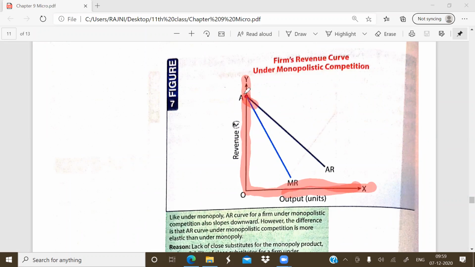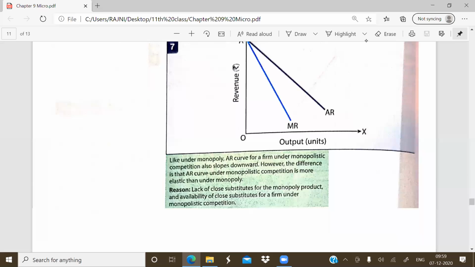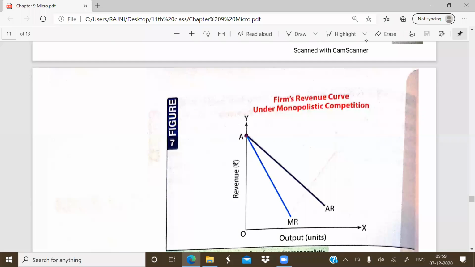Our average revenue will move like this, downward, left to right. So marginal revenue will also go downward left to right, but at a speedier rate than the average revenue. So this is the revenue curve under monopoly.